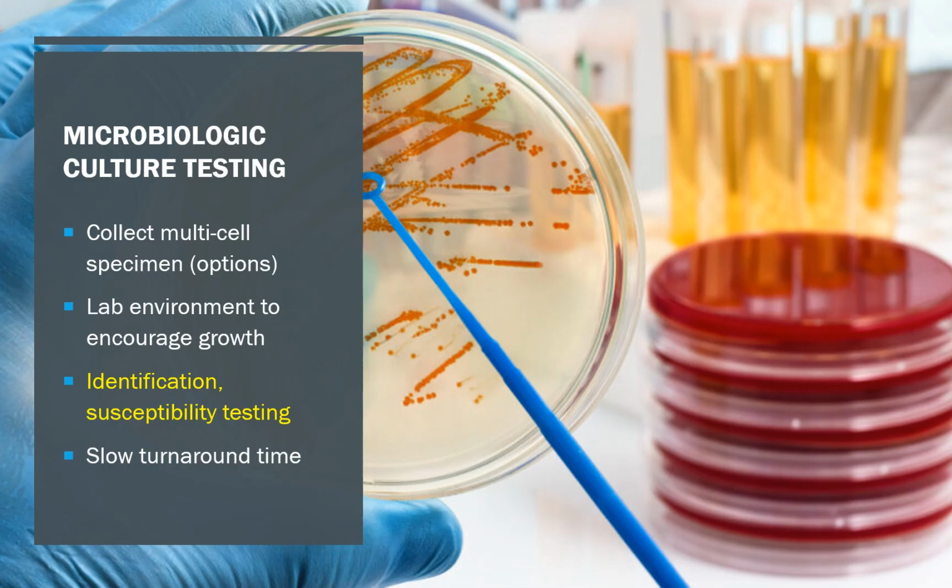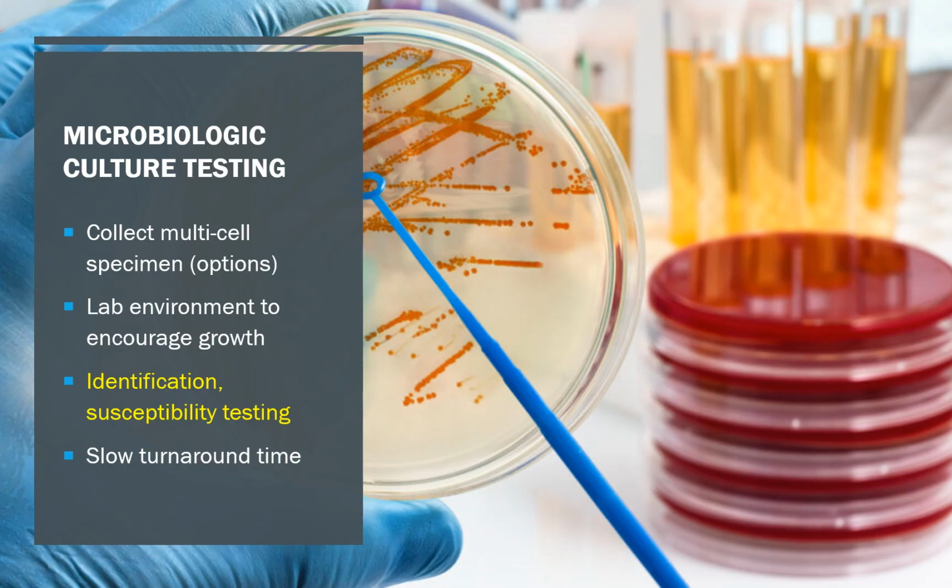The cells in the sample will be taken to a lab and put in a special environment to grow out, typically in a petri dish. This is often used as the gold standard for identification of specific organisms, and in the case of bacterial cultures, it's used for antimicrobial susceptibility testing.